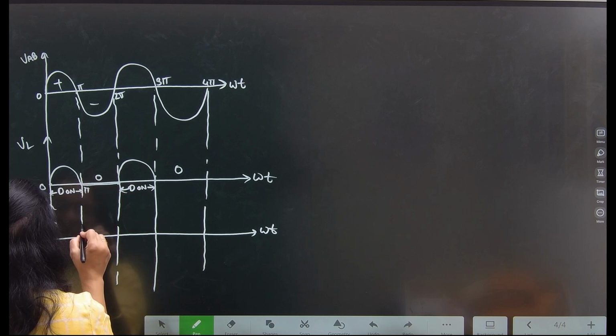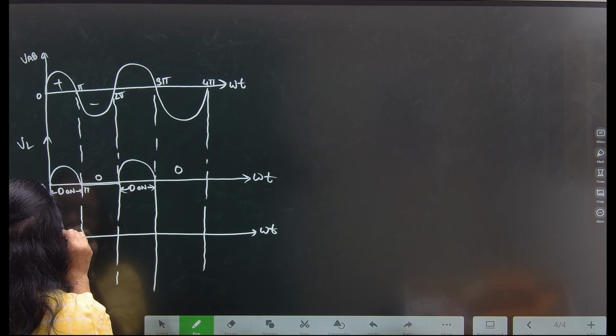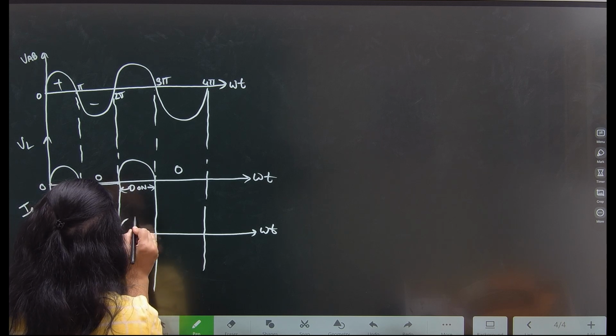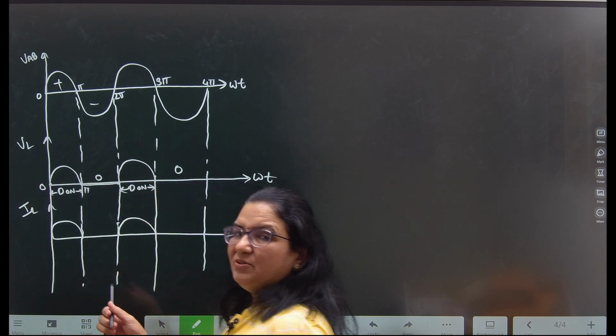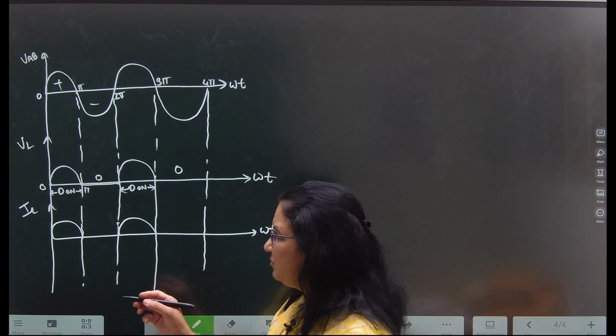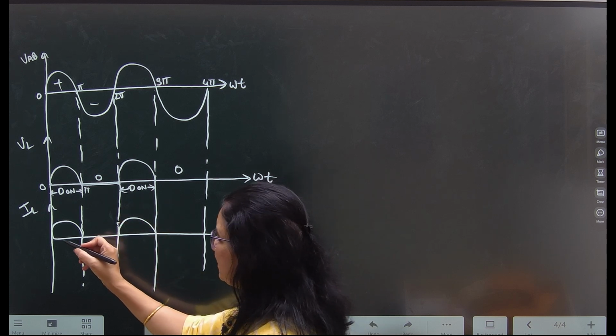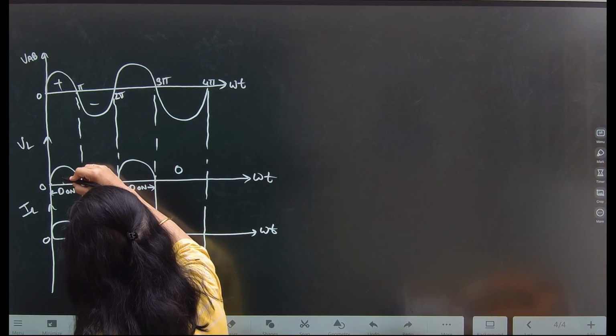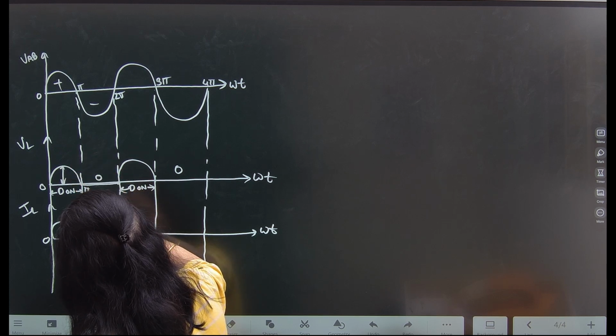Here the current waveform will be the same as the voltage waveform, because the load is resistive. Only the current waveform is the same as the voltage waveform, since the load is a resistive type of load. So the peak of the voltage waveform is a little higher compared to the peak of the current.